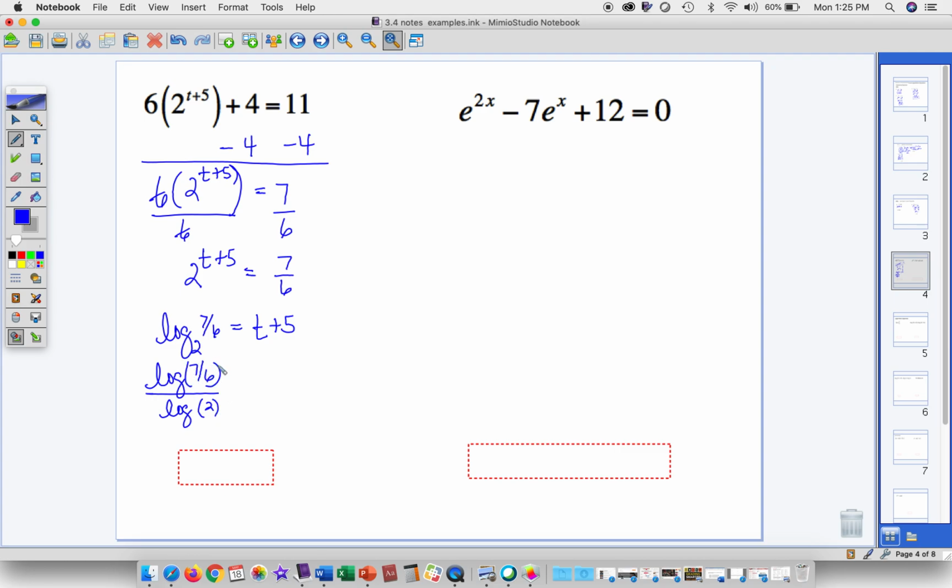You want parentheses around the 7/6 and then divided by log of 2. And then our last step will be to subtract this 5. So once you calculate this, subtract 5 from both sides. I'll put it off to the side here. And you should end up with negative 4.778.